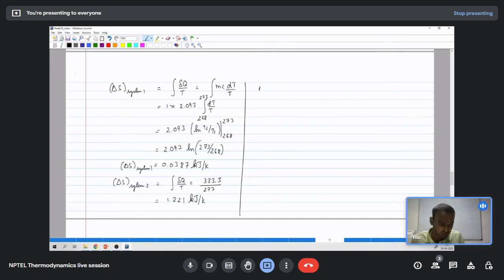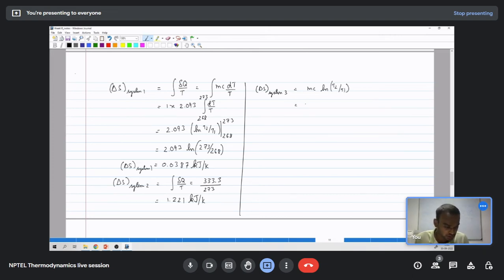In the third phase, we had a heat transfer from 0 degree water to 20 degree Celsius water. So again that will be mc into ln of T2 by T1.